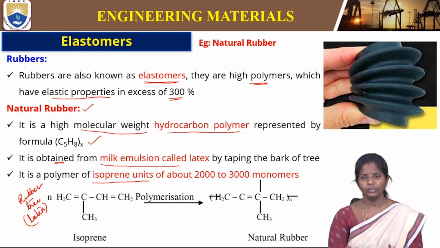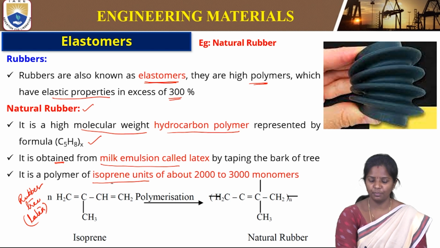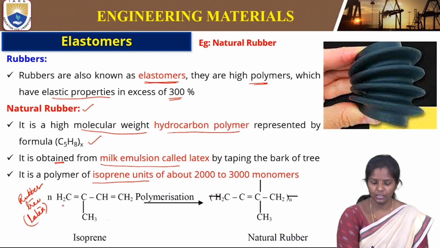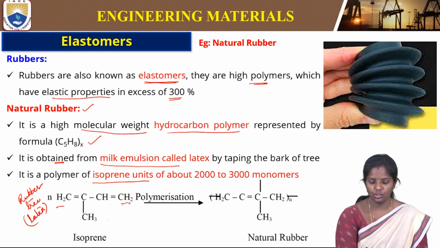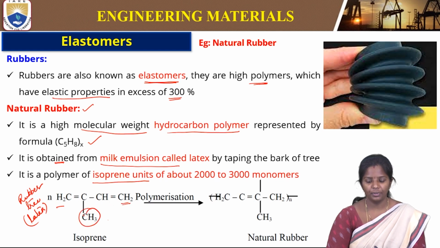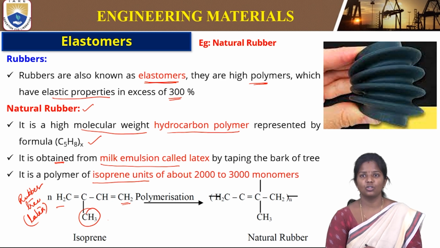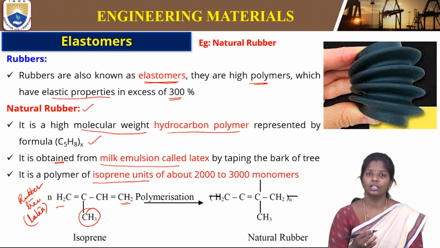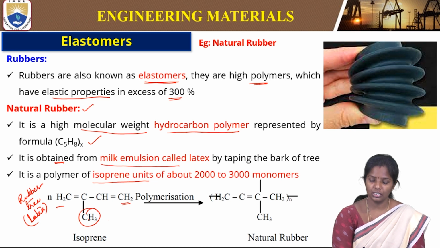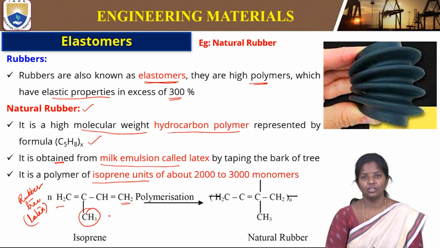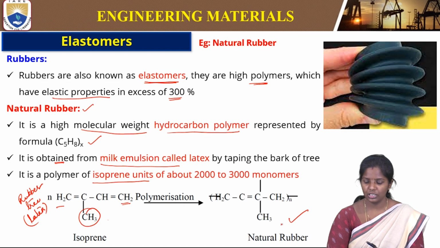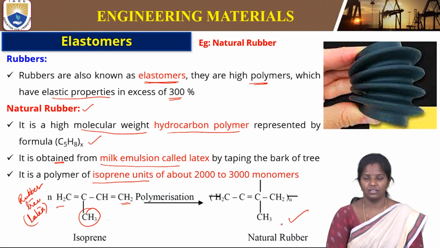So the network consists of isoprene units. This is the isoprene: CH2, C, CH and CH2 with a methyl group here. Latex contains isoprene units of about 2000 to 3000 monomers. This undergoes polymerization and forms rubber. So this is the natural rubber that is present.